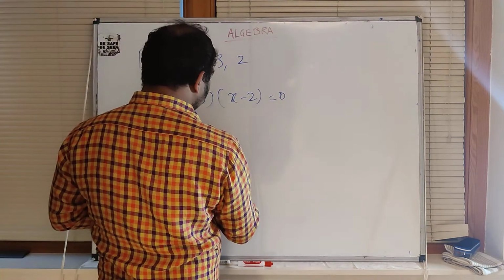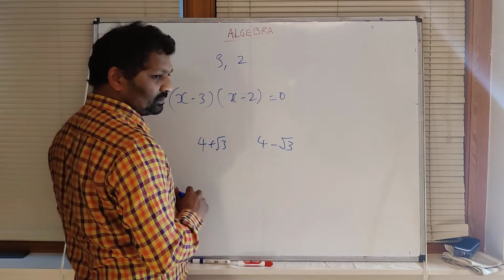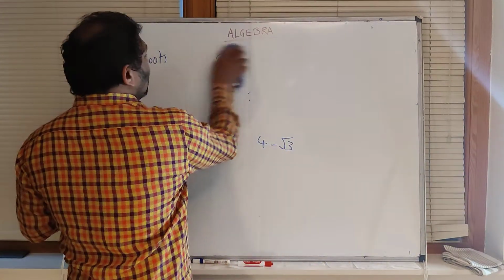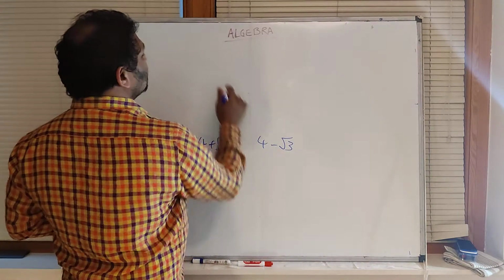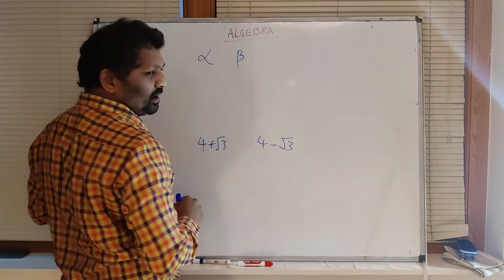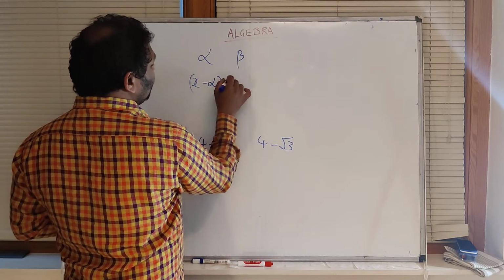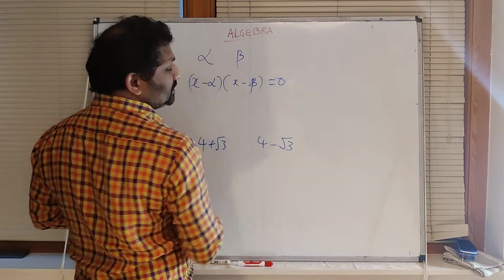Now the roots are 4 plus root 3 and 4 minus root 3. This is one root, this is another root. Previously we discussed, say, for example, there are two roots, alpha and beta. So what are the factors? x minus alpha, x minus beta is equal to 0.